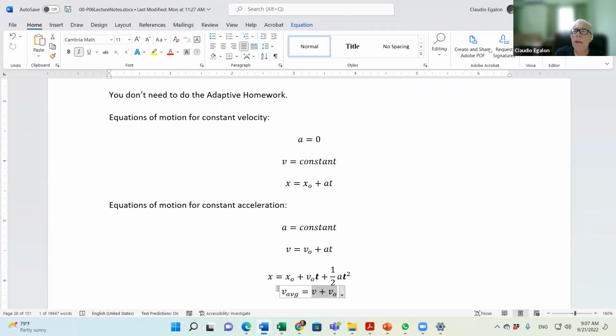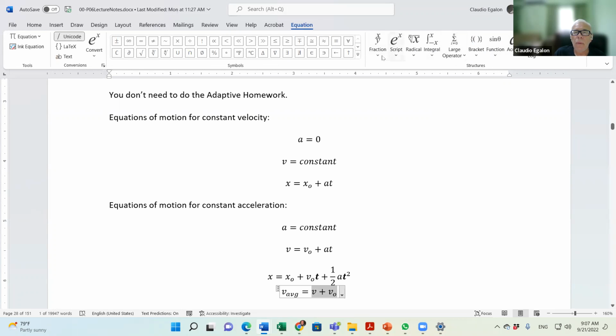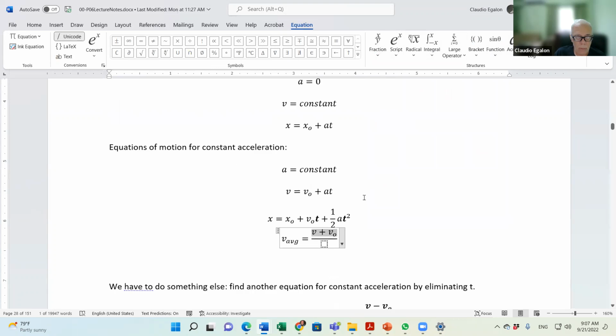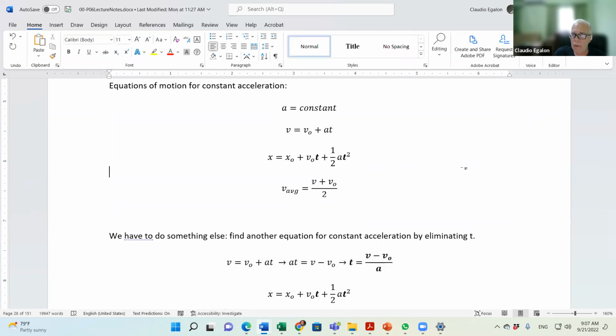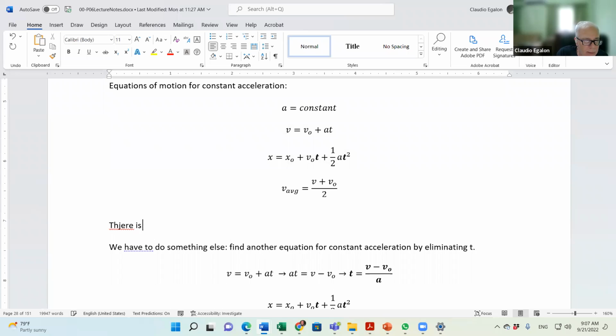V over 2. And then there is one more equation that we obtain from these other two. There is one more useful equation that you have to know.